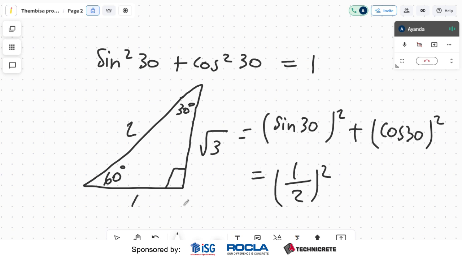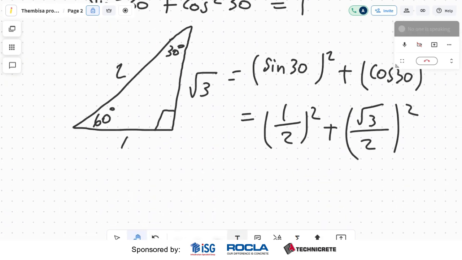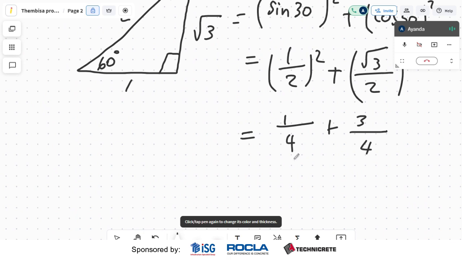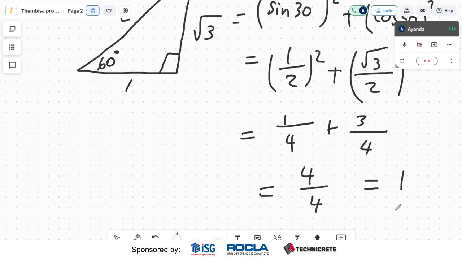So for 30, adjacent is square root 3, hypotenuse is 2, plus square root 3 over 2 squared. 1 squared is just 1, 2 squared is 4, plus square root 3 squared gives us 3, and 2 squared gives us 4. And we can just add these together since the denominator is the same. 1 plus 3 is 4 over 4, and that equals 1. Donezo.